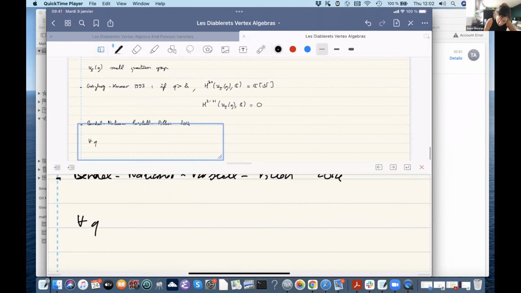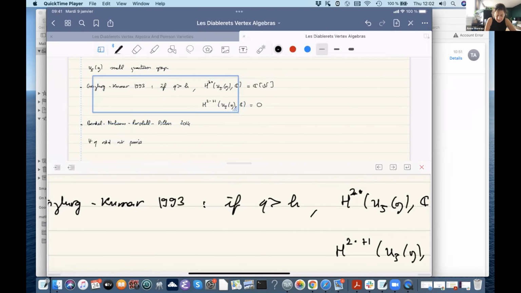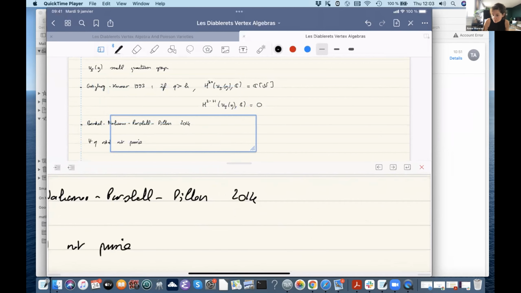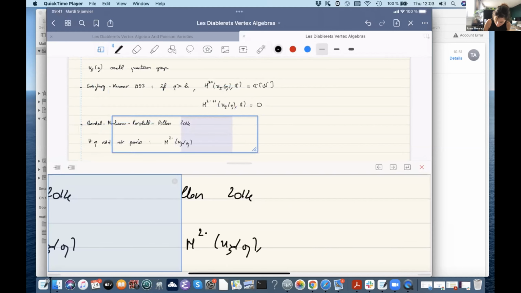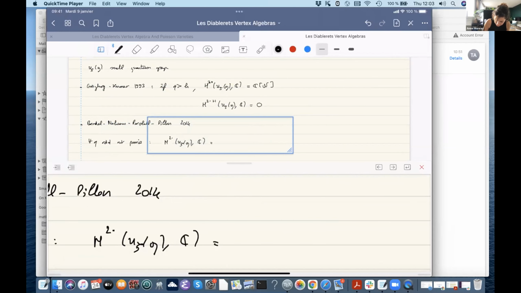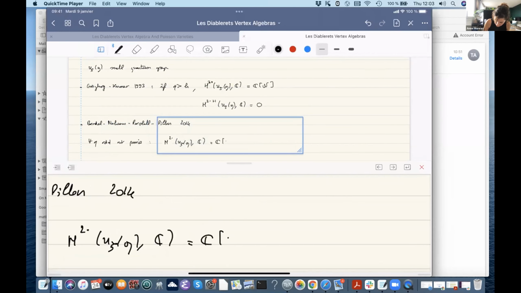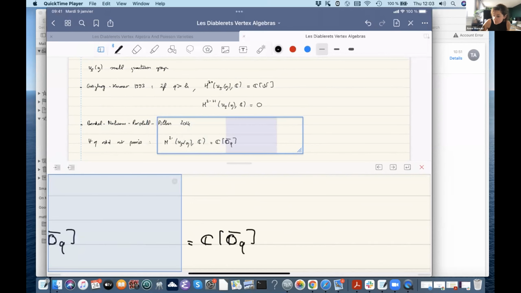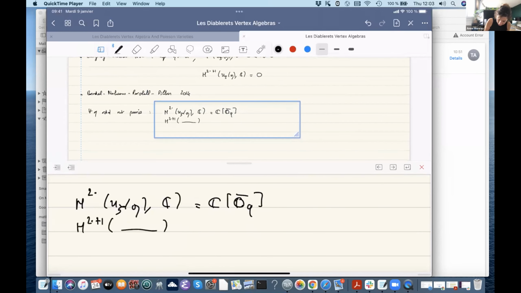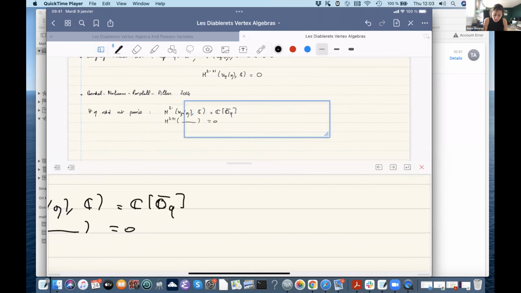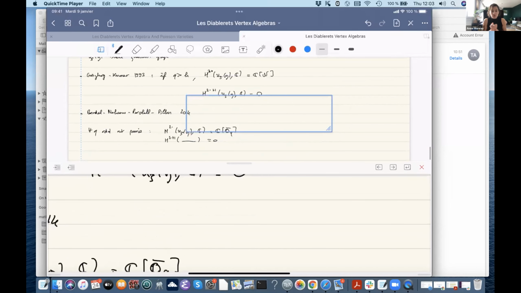So in fact, for any q as before, odd and not a bad prime. Sorry, for Ginzburg and Kumar, there is no restriction, of course. So it says that, in fact, we have a similar setting, and which appears here. It's precisely our N_Q. So maybe I write like this to distinguish the case. So we have this result, and it's also 0 for the odd part. And then of course, we recover the previous one for Q big enough.